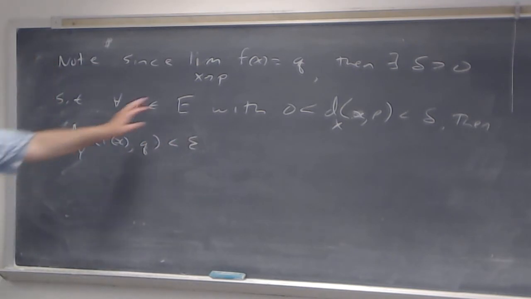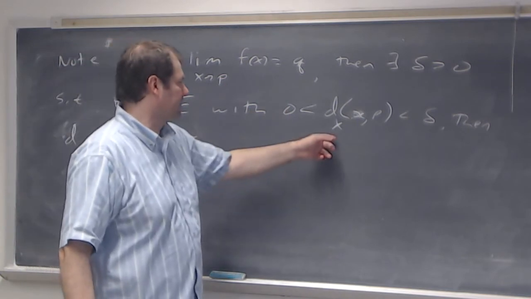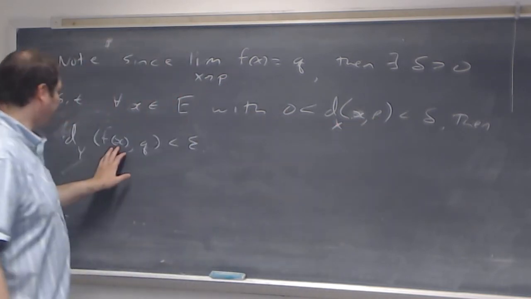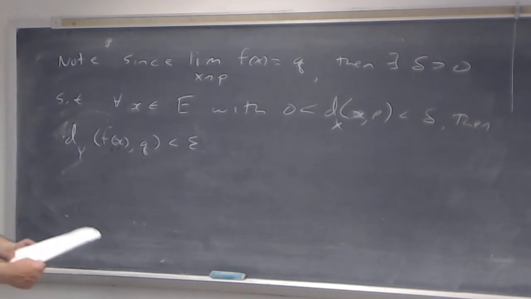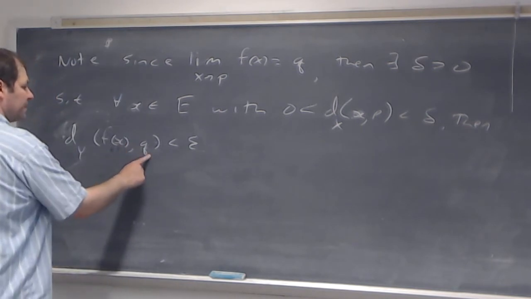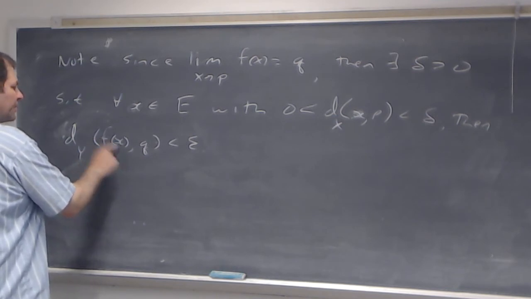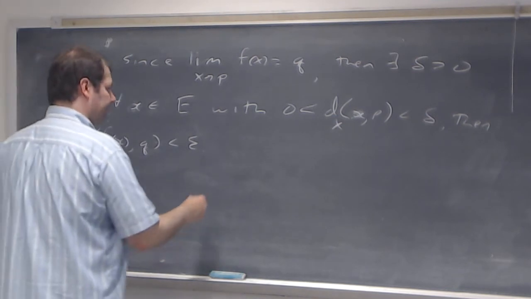So what's this saying? Because of the limit of the function existing, that says as long as you're close enough to p, but not equal to p, then the output values will be very close to q. And we want output values to be very close to q, but not these output values necessarily, but the ones that are output values for the sequence p sub n.